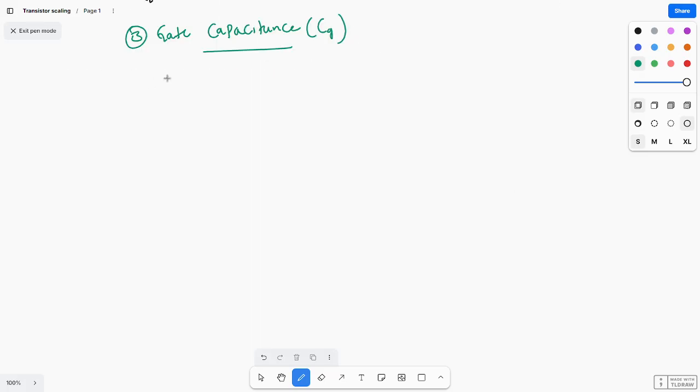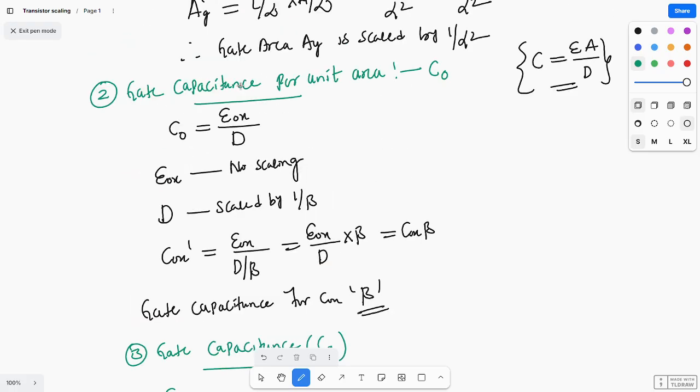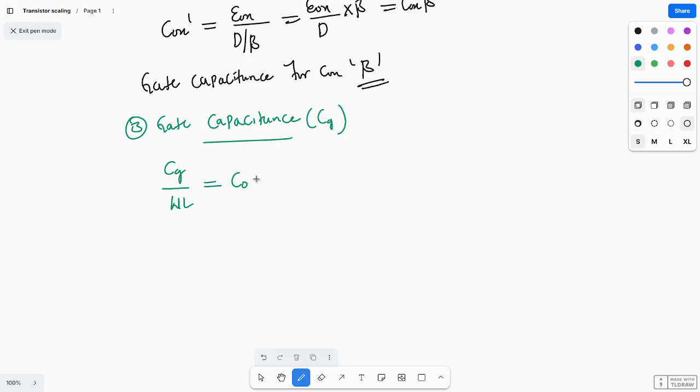So C naught equals CG by WL, that is, gate capacitance per unit area, where area equals width into length. From here, CG equals C naught into WL.